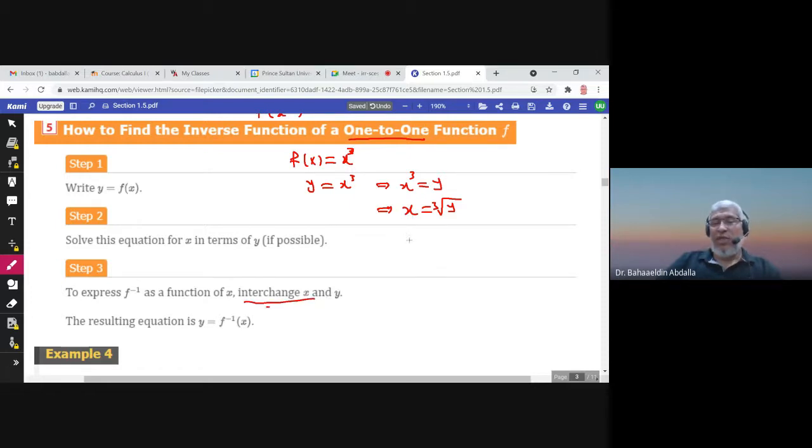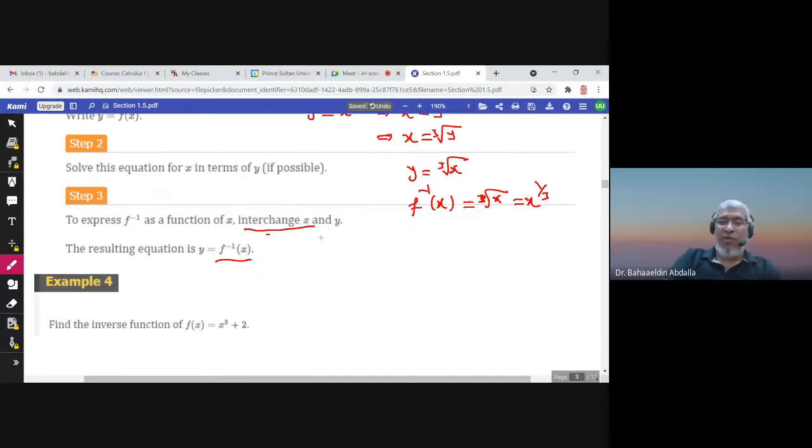So I write y equals cube root of x. So x would be y and y would be x. And finally, write y as f inverse of x. So f inverse of x would be cube root of x, or x to the power 1 over 3, which we found in the previous example.